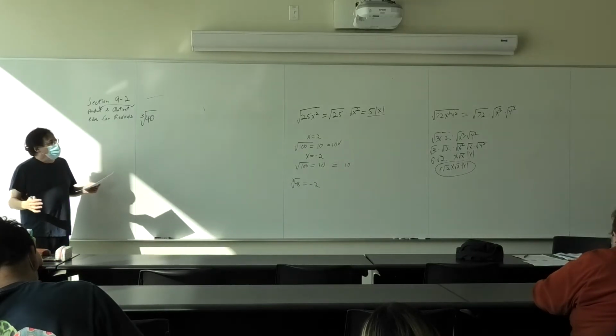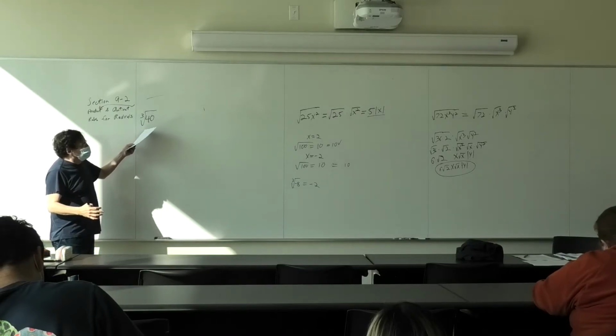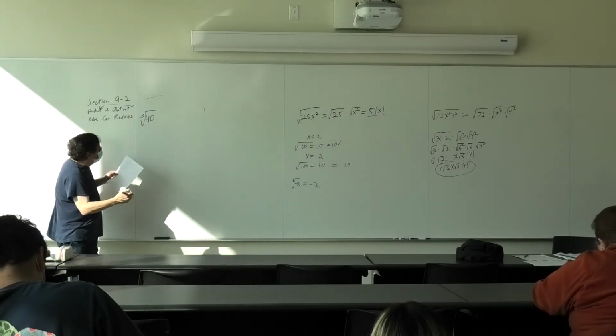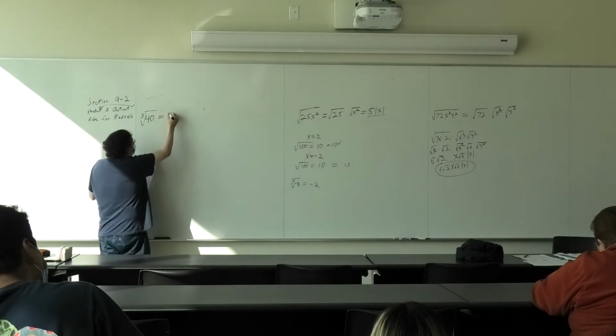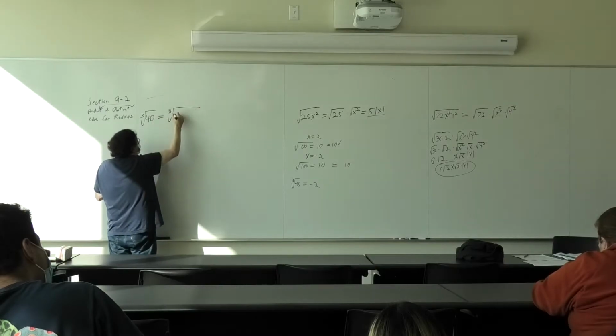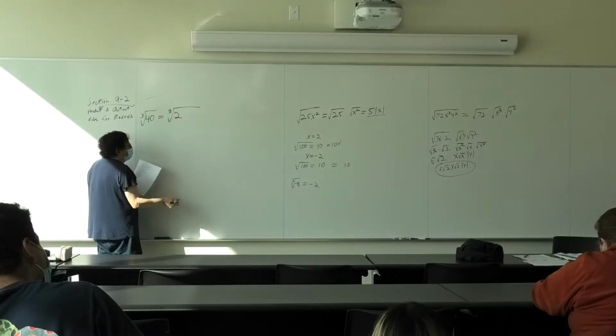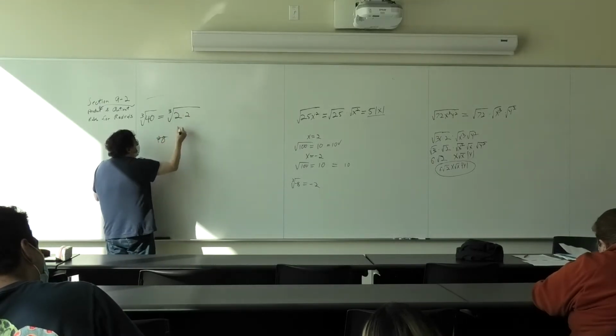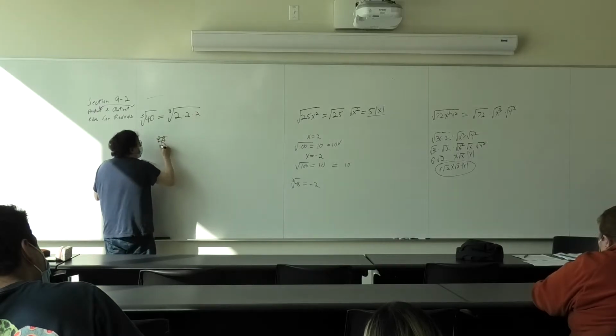Now again, it'd be great if it just jumped out at you what we could do with this to reduce it. But since we don't, we're going to factor it. So 40 is 2 times 20, and 20 is 2 times 10, and 10 is 2 times 5. Okay?